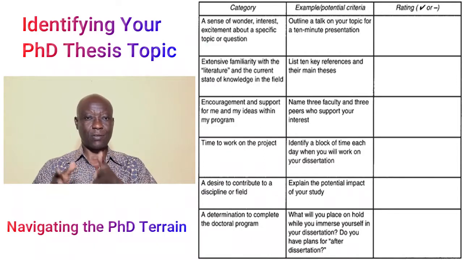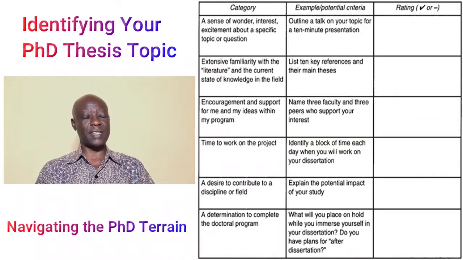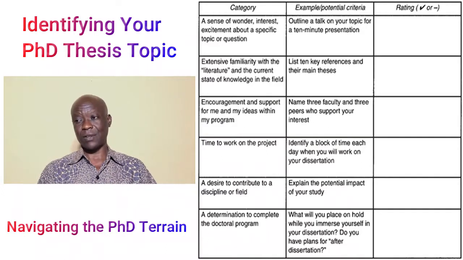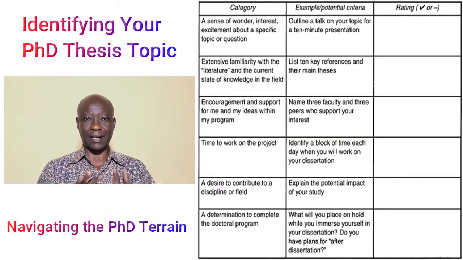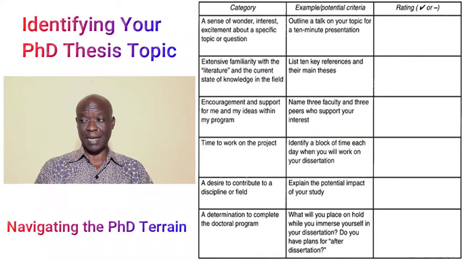In terms of columns, the first column represents a category, the second column represents examples or potential criteria, and of course the last column is where you are supposed to put a rating, which is a minus if you are not ready, and a plus, which is actually a tick, if you are probably ready with this particular aspect.